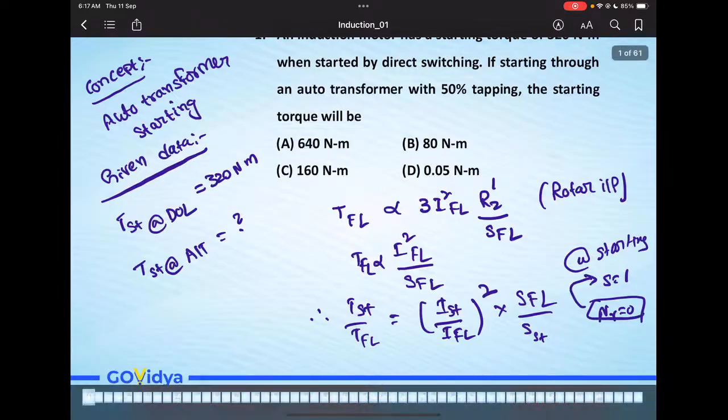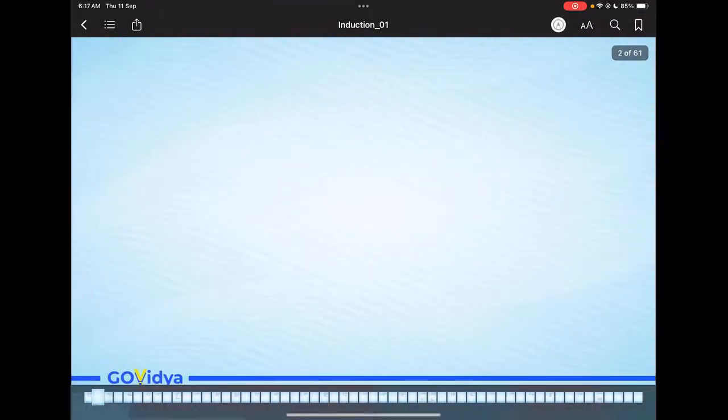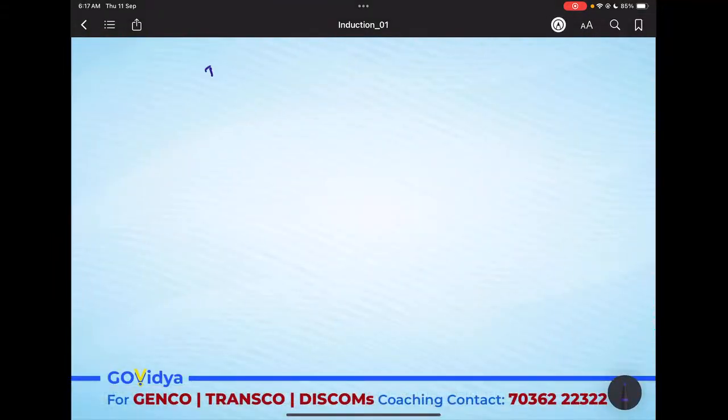So our equation will be T starting to T full load equals I starting divided by I full load whole square into slip at full load. This is the equation we need to remember.